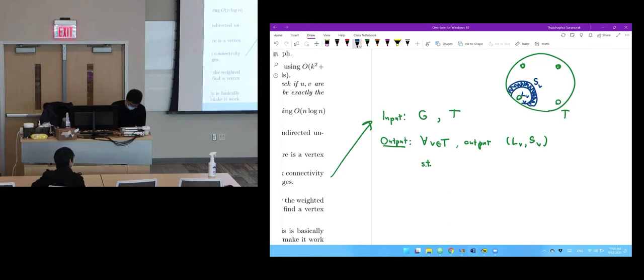Such that L_v contains v, like L_v intersect T is {v}. So L_v really contains only v. It isolates v from the rest of the terminals. And S_v is a min separator.